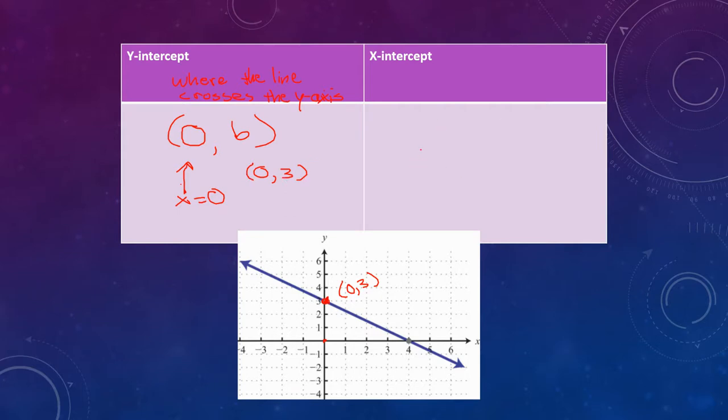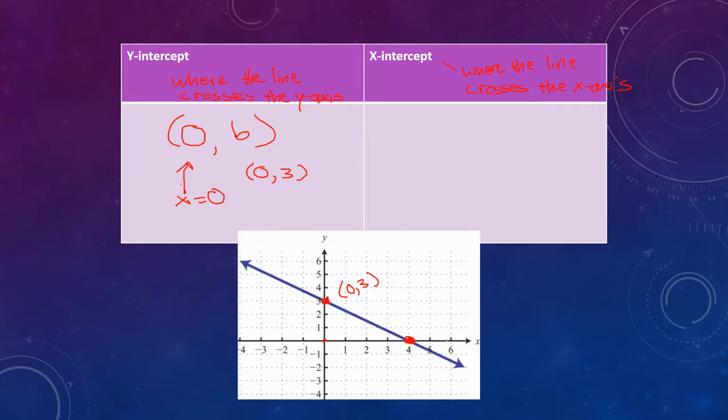How about x-intercept then? Well, based on that understanding, it's pretty apparent. That's going to be where the line crosses the x-axis. And so what that means is sort of the opposite. So here's an example of my x-intercept.